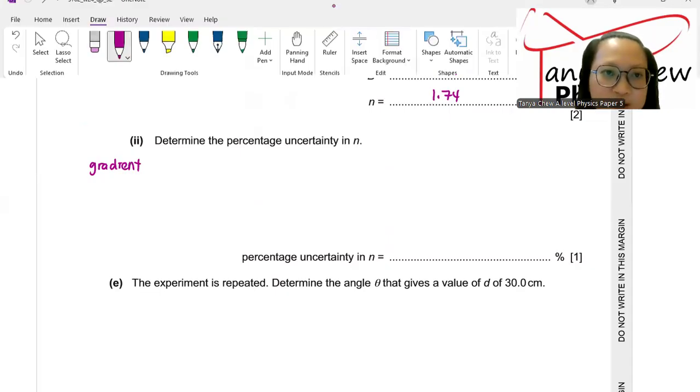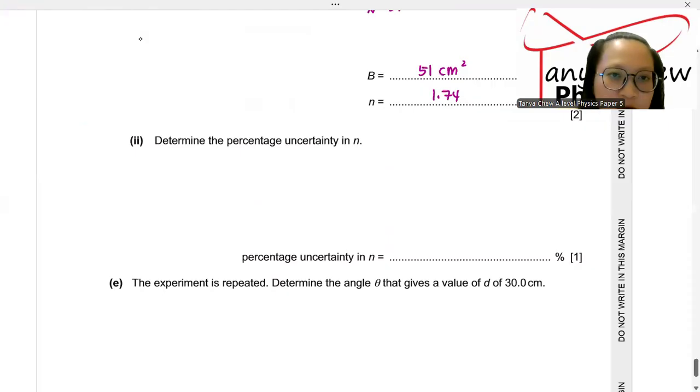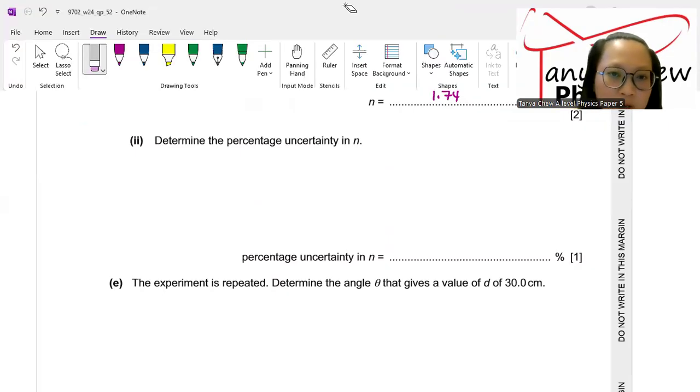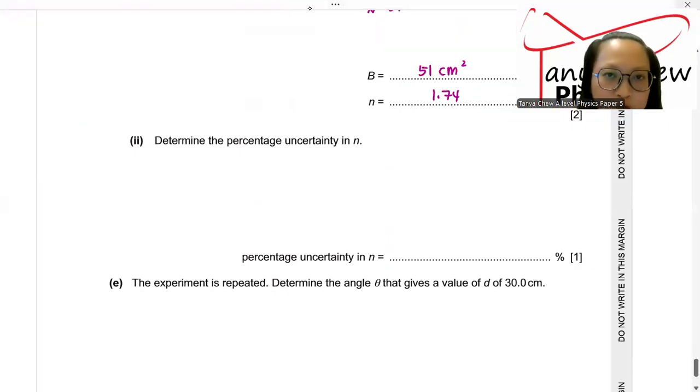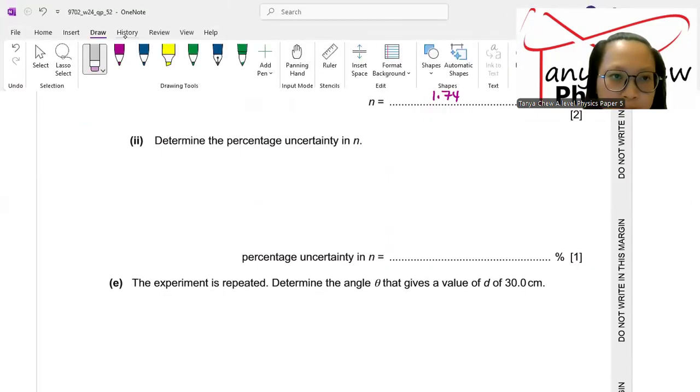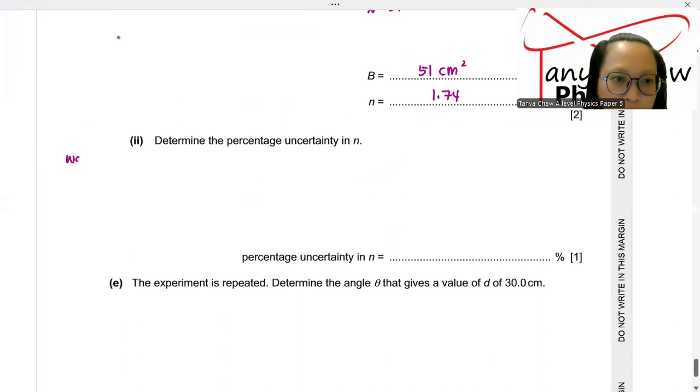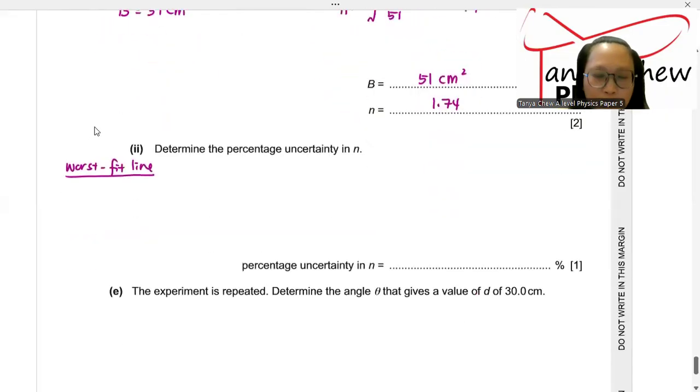I use worst fit first because I don't have delta n. So I use the worst fit line.